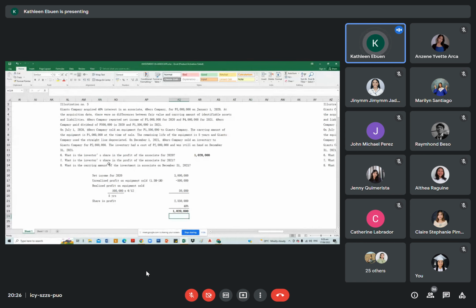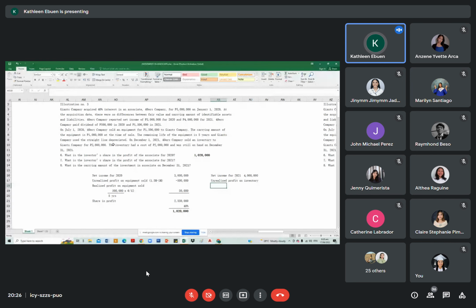So, what is the investor share in the profit of the associate for 2021? Okay. So, kunin natin yung net income for 2021. 4 million. Okay. Tapos, class, di ba nagkaroon daw ng sale ng December 1, 2021? This is intercompany sales din. So, tanggalin natin yung unrealized profit on inventory sold. Hindi pala siya na sold, class.